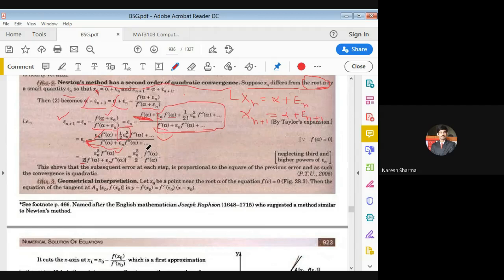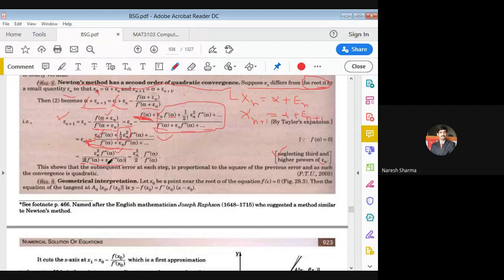Plus so on up to infinity we have the terms, but we neglect the higher terms as epsilon n is a small quantity. After that we get this part as it is, and also here we neglect the higher terms.